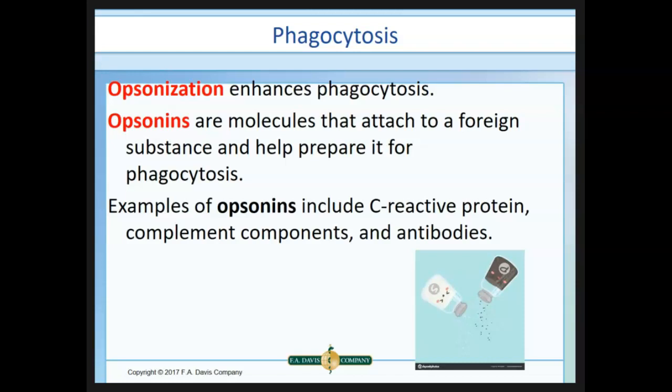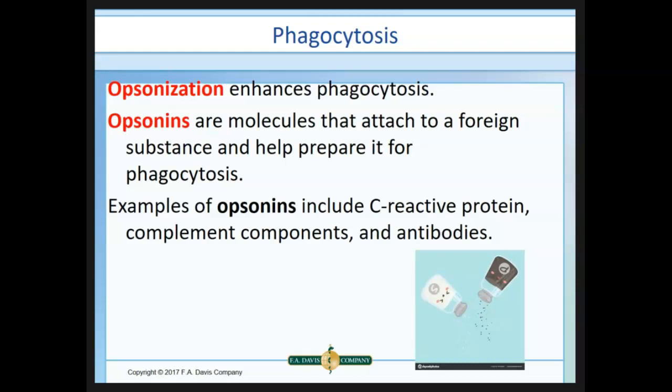C-reactive protein and complement are part of a huge group of chemicals called acute phase reactants. These are molecules, proteins, that increase during things like inflammation or nonspecific diseases.